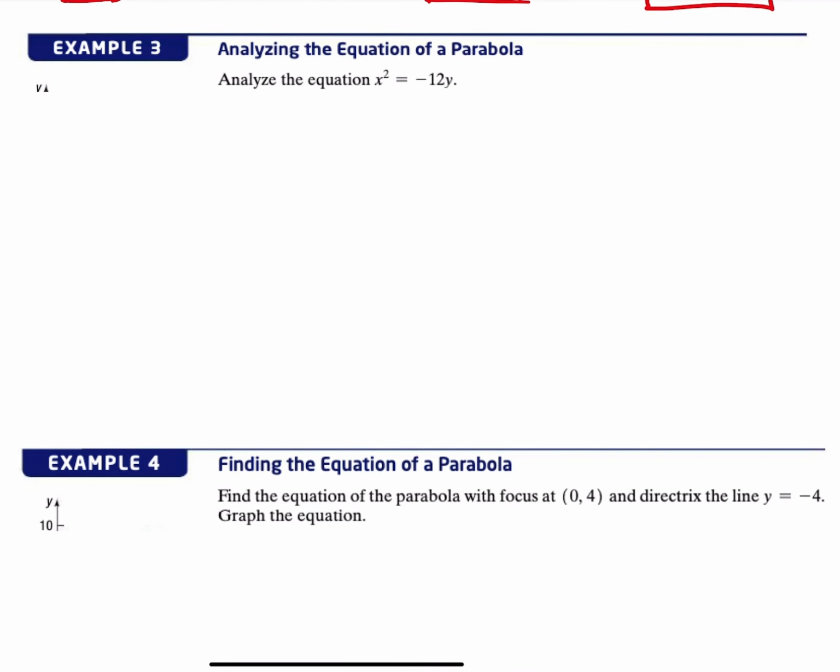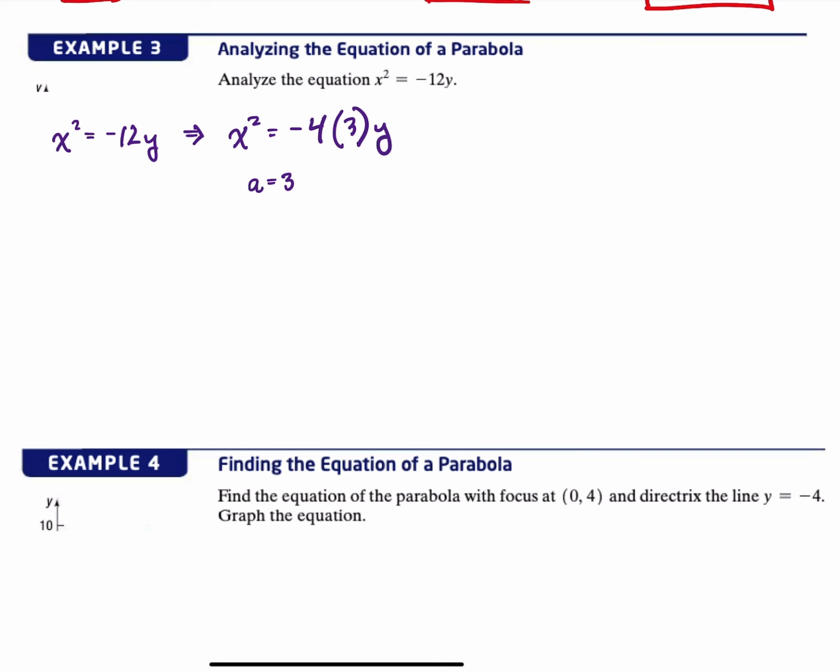So in example 3, we're given x squared equals negative 12y. So let's look at it with a 4 involved. This would be x squared should equal negative 4 times 3 times y. That'll give us the negative 12. So that tells us our a value is 3.